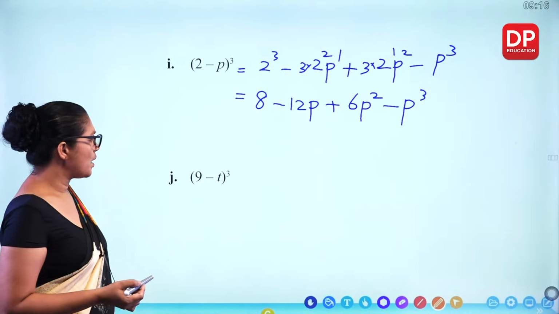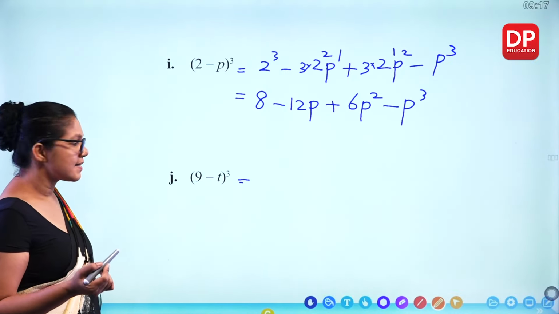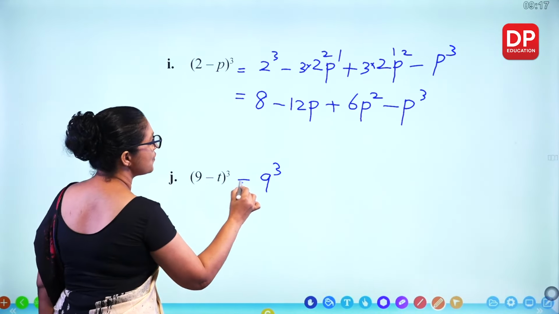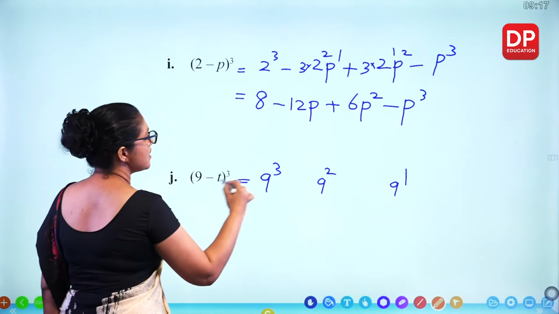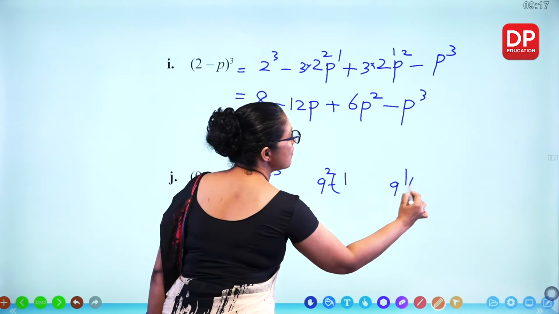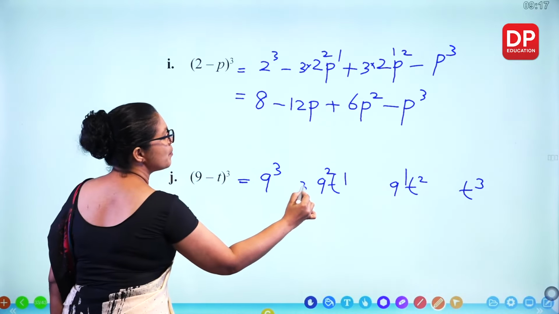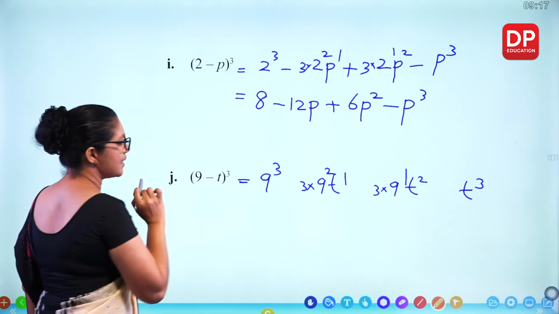Now again this one. Starting from 9. First term is 9. Last term is t. So starting from power 3, power 2, power 1. T starting from here, power 1, power 2, power 3. And then you put 3 here. And the sign.